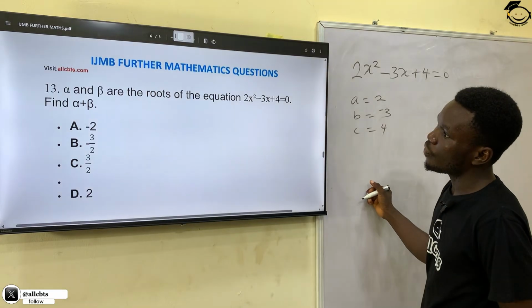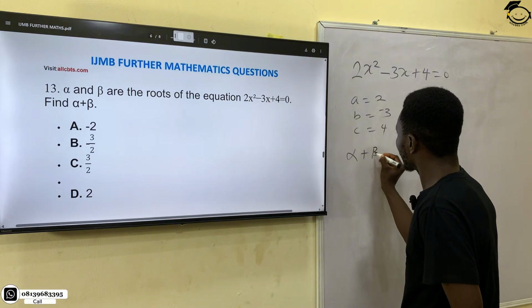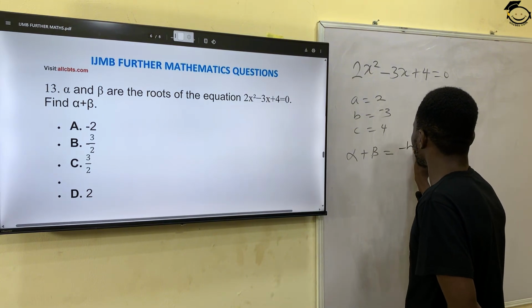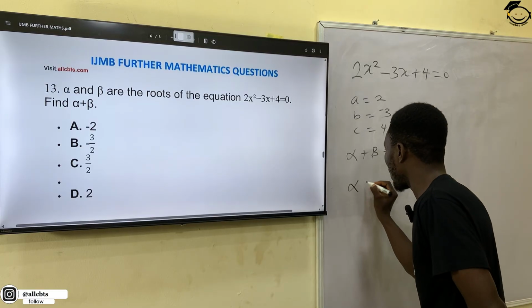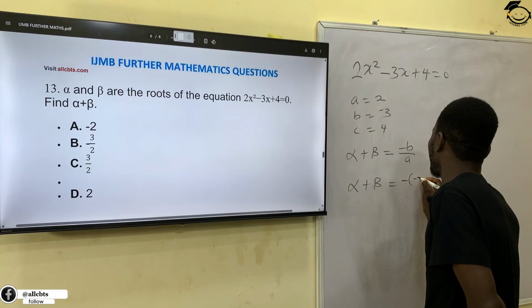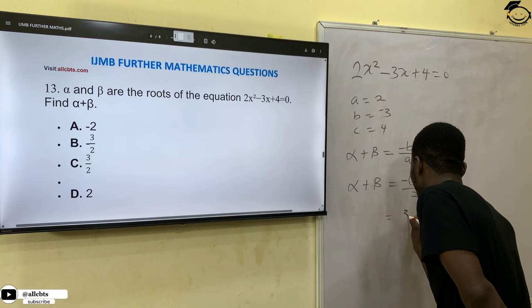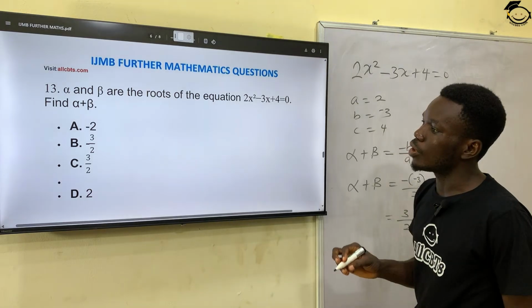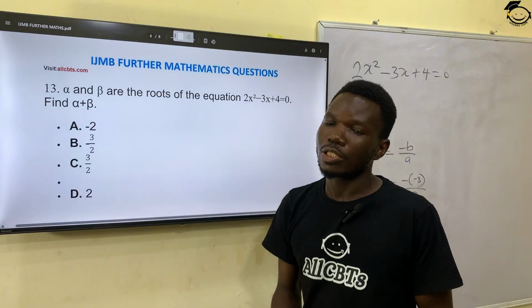Alpha plus beta is always equal to minus B over A. So if I substitute this, alpha plus beta is equal to minus open bracket minus 3 over 2, and that will give me 3 over 2, and the option there is option C, 3 over 2.